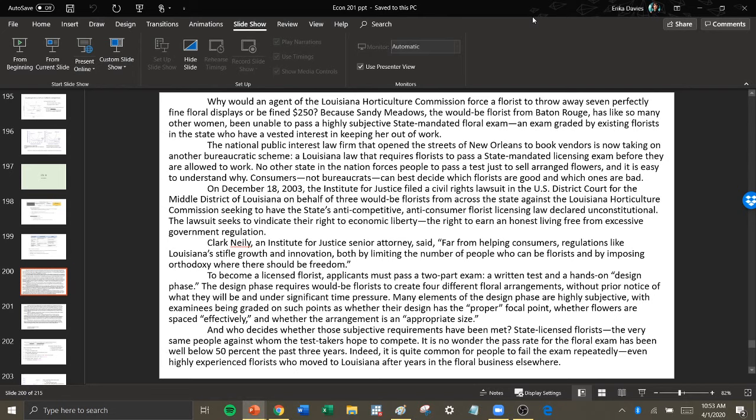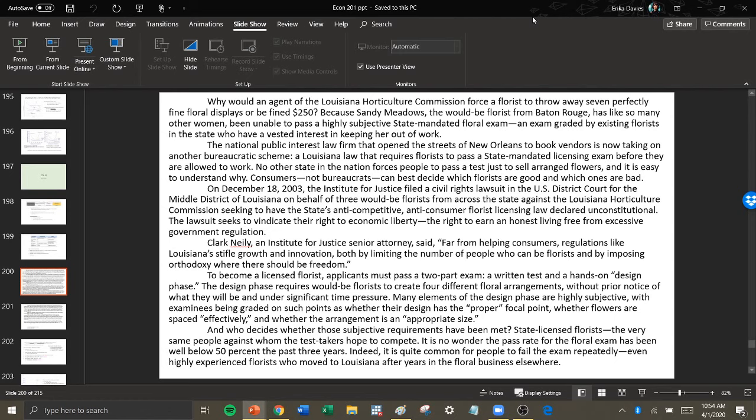Why would an agent of the Louisiana Horticulture Commission force a florist to throw away 7 perfectly fine floral displays or be fined $250? Because Sandy Meadows, the would-be florist from Baton Rouge, has, like so many other women, been unable to pass a highly subjective, state-mandated floral exam, an exam graded by existing florists in the state who have a vested interest in keeping her out of work.